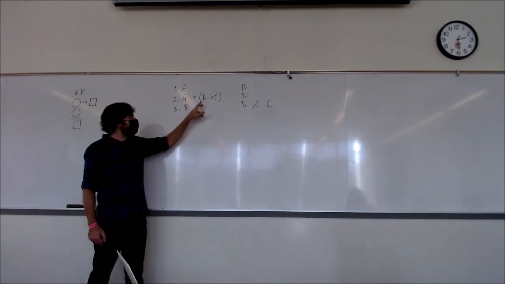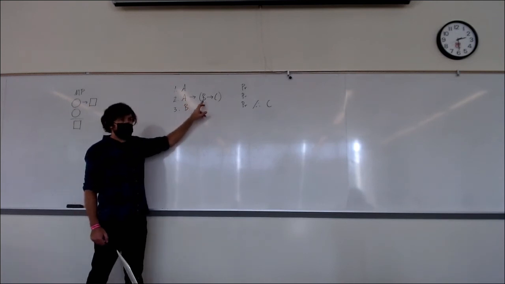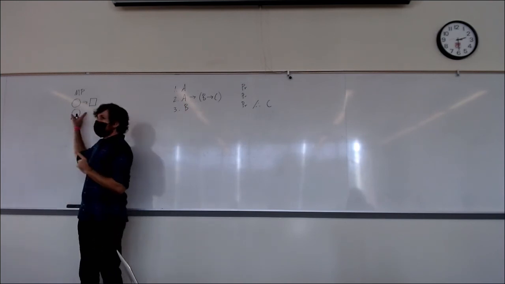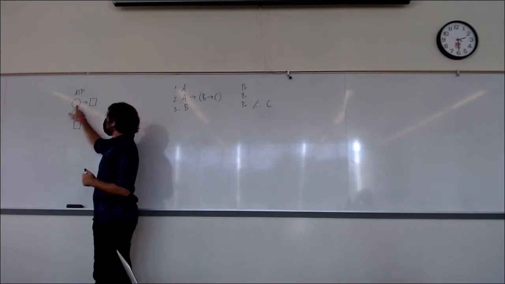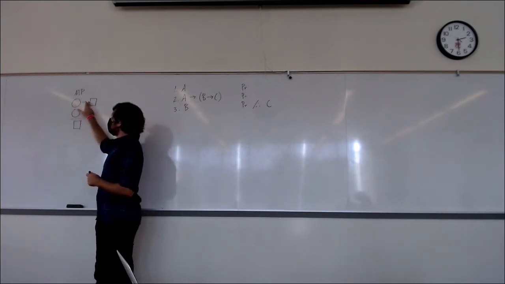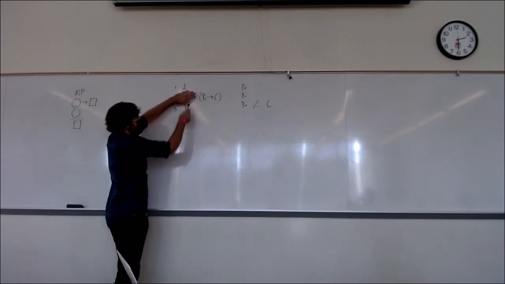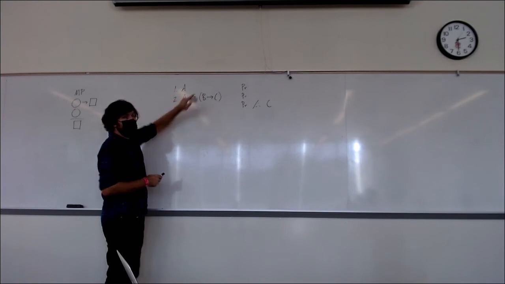But if this is square, then this would be square arrow triangle. So now you have circle arrow, square arrow triangle, and square. That's not the same as this. In other words, modus ponens applies to a conditional statement of this form. The whole line has to be this. And what you were doing is ignoring this part. You cannot ignore this part to make modus ponens work.